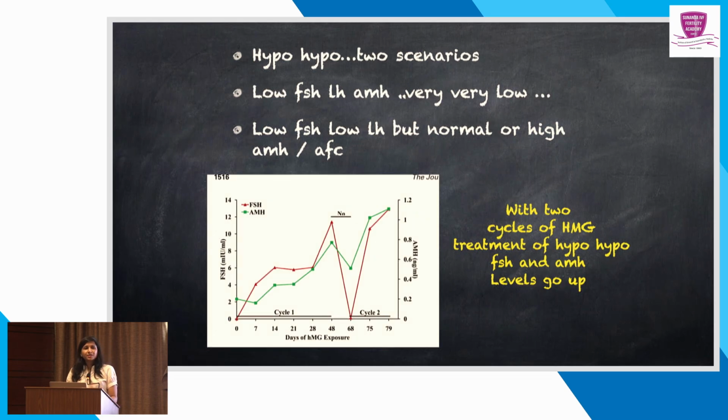What is important, if you see a hypogonadotropic lady, we'll just give an example. This girl had FSH and LH levels less than 1. When we initially looked at the ovary, we were able to see only 3 to 4 follicles in both ovaries. We counseled them that in these patients there is definitely no need to go for oocyte donation.